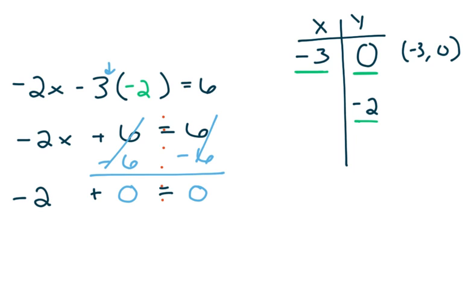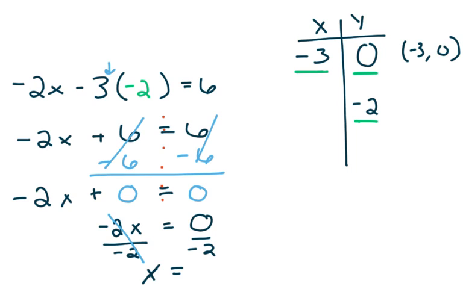I'm going to bring down the other information. So now we've got -2x plus 0 equals 0. We can write that a little bit nicer and say negative 2x equals 0. Now again, we're going to get everything attached to the x away from the x, and move it from the left to the right. So we're going to divide by negative 2 on both sides. Negative 2 divided by negative 2 is just 1, and so we're left with x equals 0 divided by negative 2, which is just 0.